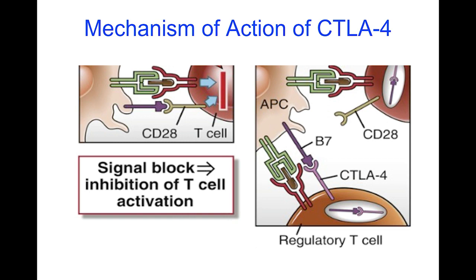But in addition, CTLA-4 and regulatory T cells can influence antigen-presenting cells like dendritic cells by either signaling into these cells through the B7 molecules or through another mechanism can actually pull the B7 molecules off the dendritic cells, a process known as transcytosis. And as a result of that, there are fewer B7 molecules that can engage CD28. So CTLA-4 can exert its functions in several ways.